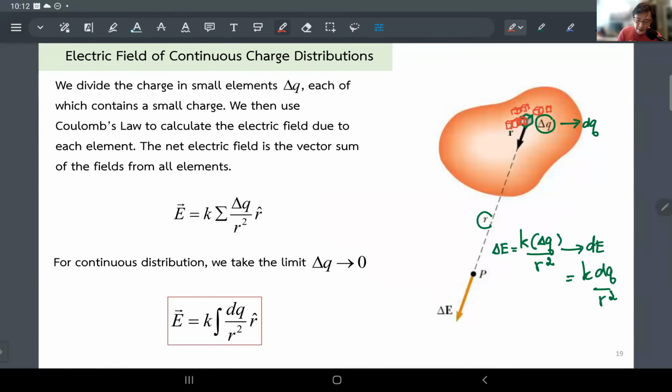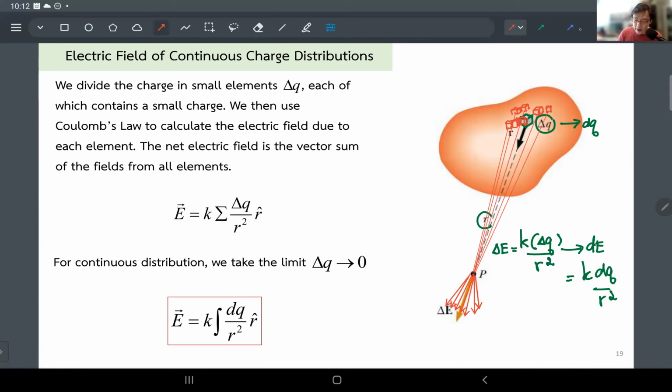The bad thing about this one is it's not super easy, in the sense that each one will contribute to the field at point P. So at the end you're going to get a crazy amount of dE here, there, on and on.